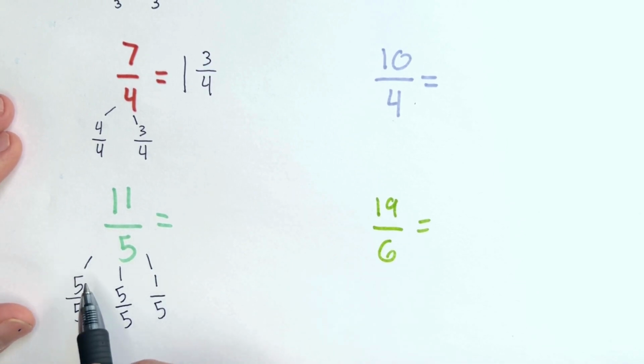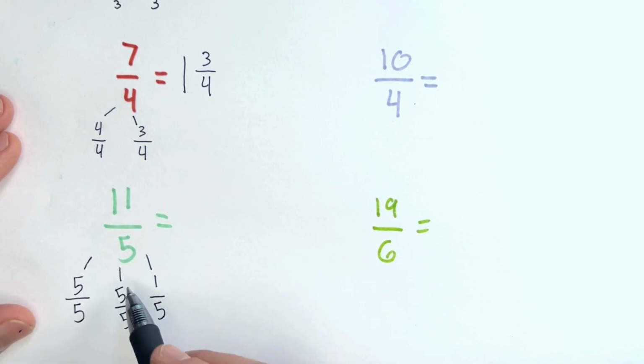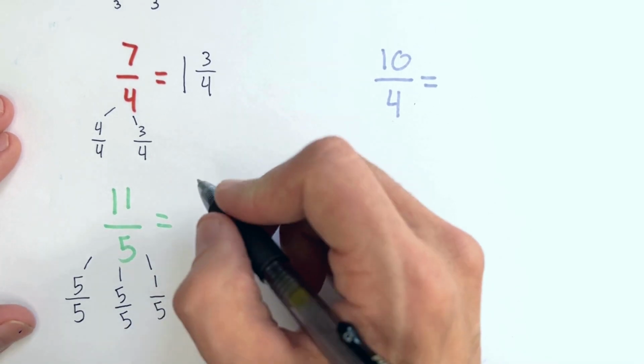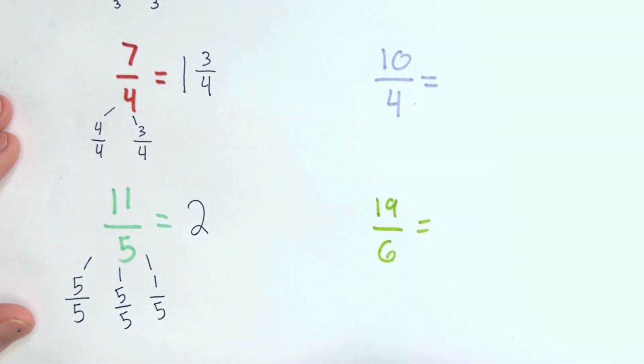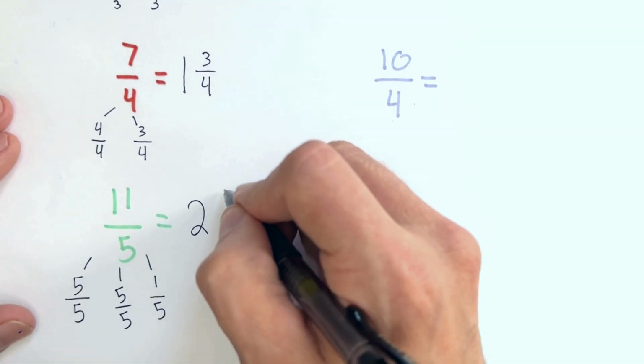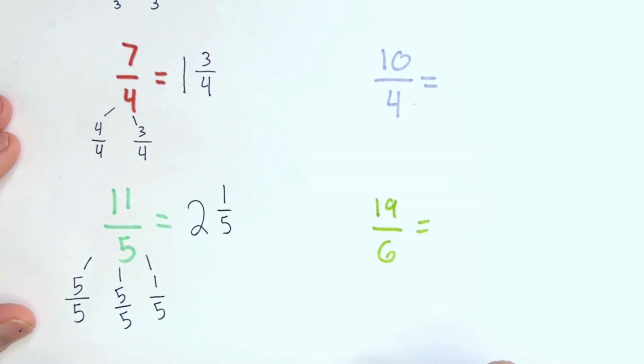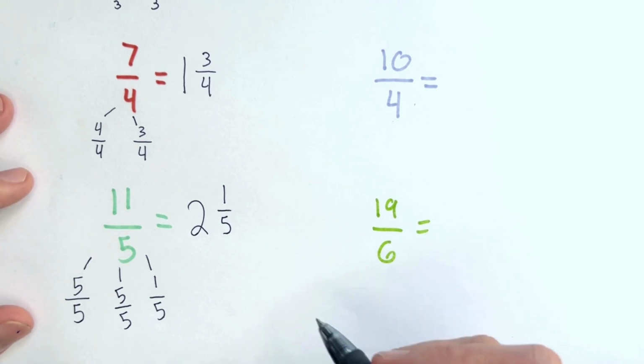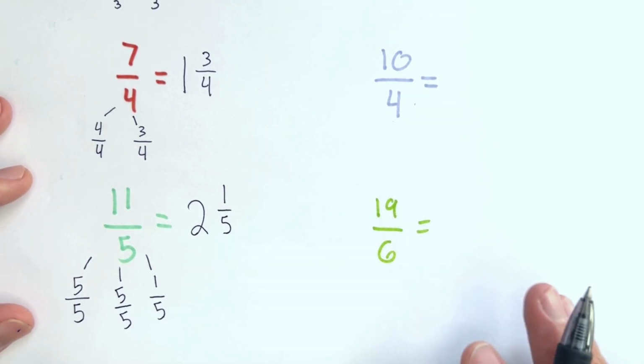Do you see how my numerators all add back up to 11? That's really what we're doing. Like when you add or subtract fractions, you're really just paying attention to the top number. Here is 1, and this would be 2. So 2 would be my whole number, and I have 1 fifth left over. 11 over 5 is equal to 2 and 1 fifth.